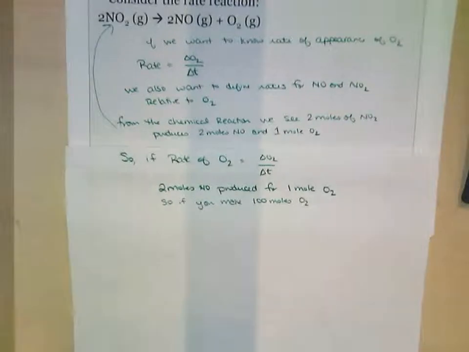So let's say if I make 100 moles of oxygen, how many moles of NO would I produce? 200.